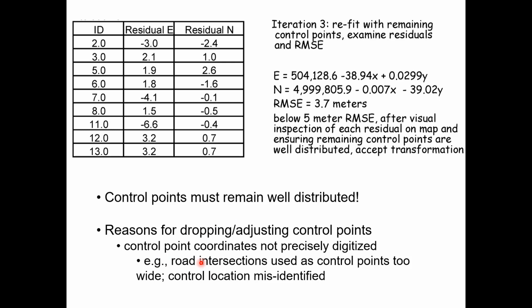And so those points ended up not being good estimates for this transformation equation we're creating. So there could be a whole lot of different reasons as to why the control points end up not being good ones. But the important thing is that you keep running through this process of creating those points, deleting out the ones that have higher error, and just continue to work through that process until you get to an acceptable level of error.